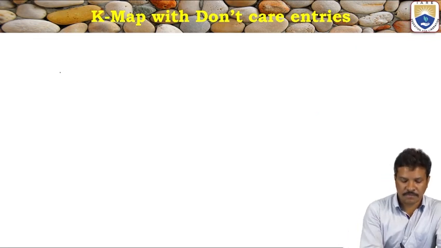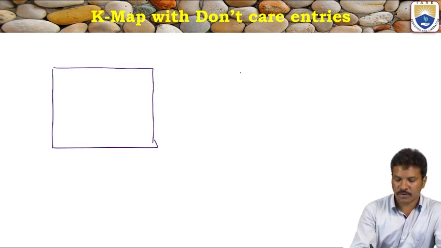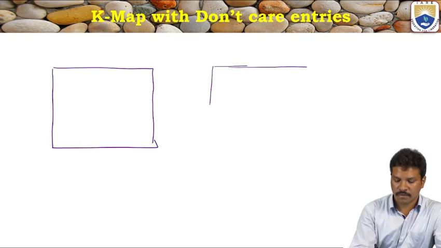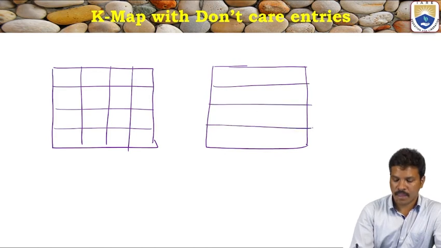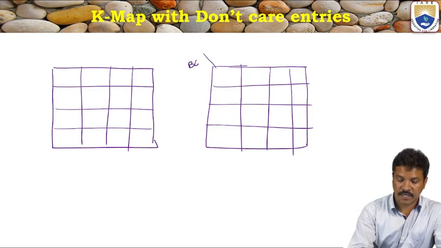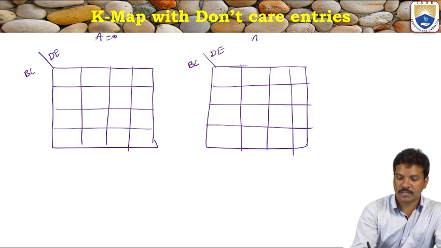I am taking fresh 4 variable square boxes so that we can easily identify. B C D E, B C D E. This is A equal to 0. This is A equal to 1.